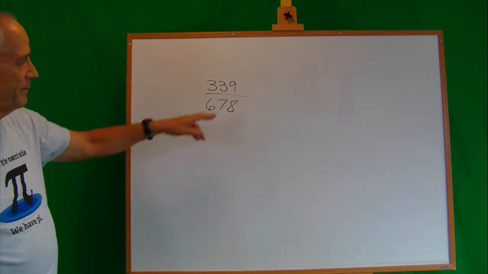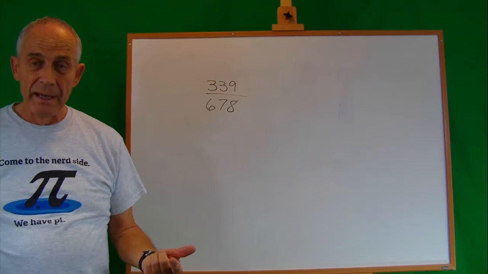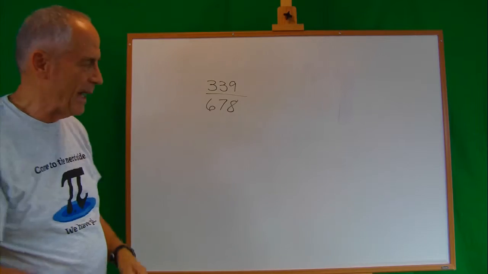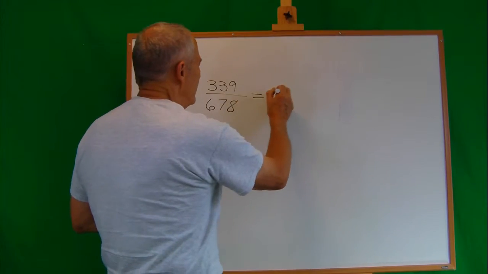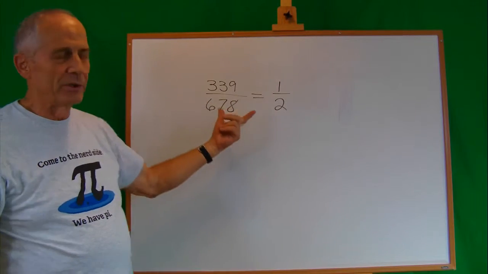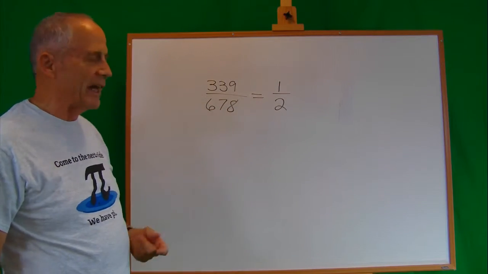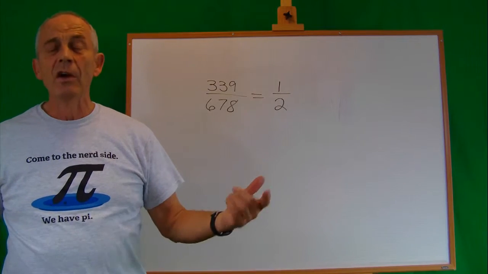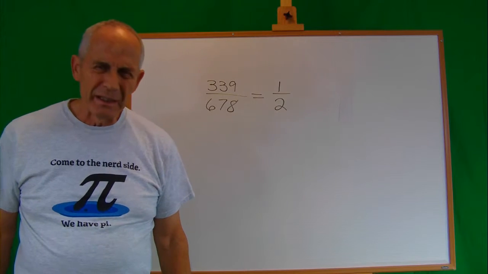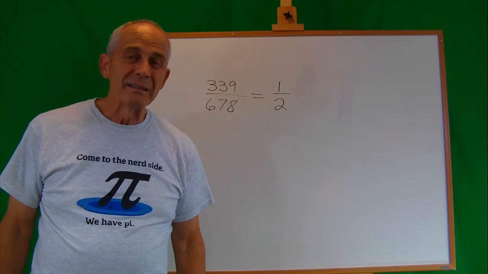But what if I divide out a common factor of the numerator and denominator, which, by the way, happens to be 339, and I get 1/2? Which of those two is easier for you to visualize? 339 678 or 1/2? Is there anybody out there that said 339 678? Because I want to stay away from you.